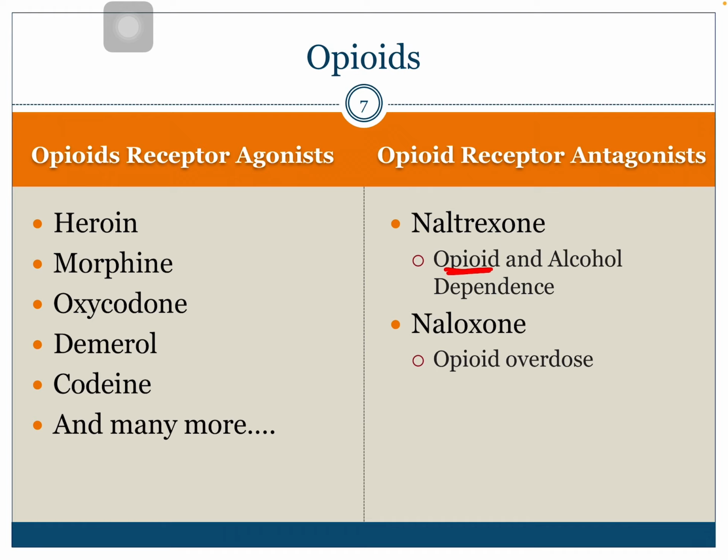Another example of an opioid receptor antagonist is naloxone. This has very recently gotten a lot of attention. A lot of people may recognize it as Narcan, and what naloxone does is it essentially blocks the receptors from taking in any more opioids.